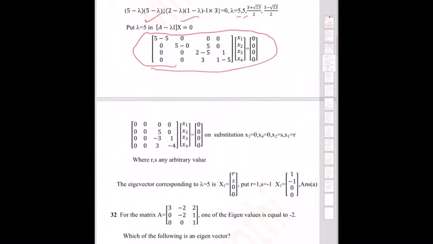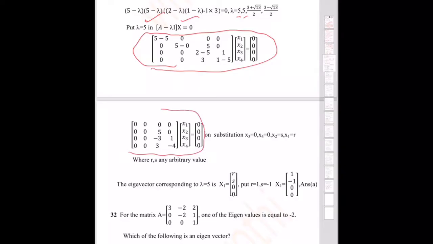This can be reduced to this. On substitution, 0 x1 plus 0 x2 plus 5 x3 plus 0 x4 equal to 0, that is x3 equal to 0, x4 equal to 0, x2 equal to s, an arbitrary value, and x1 equal to r, another arbitrary value.